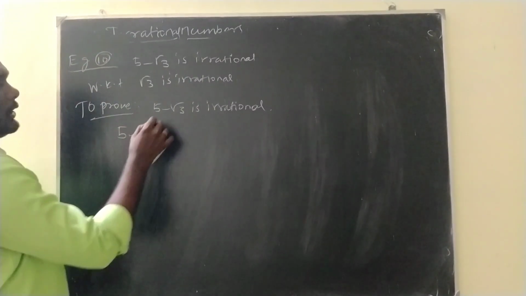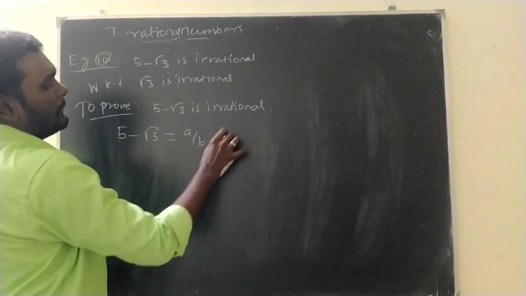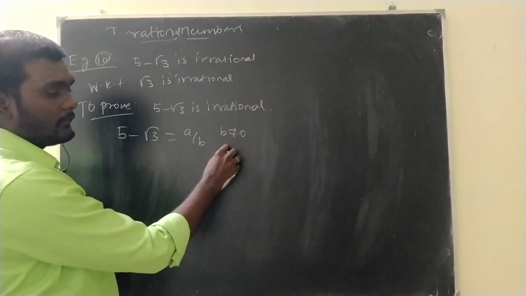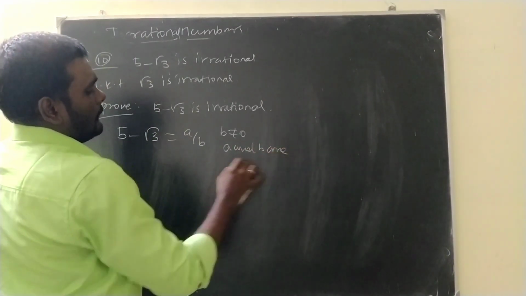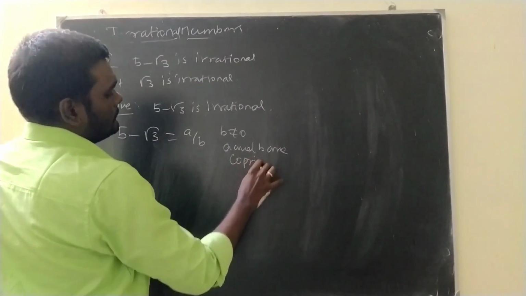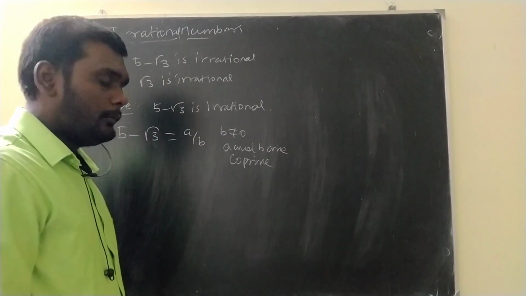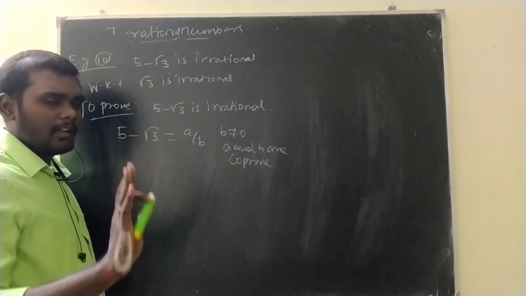The given number, what do we need to prove irrational? That is rational, like we can write a by b, b is not equal to 0, and a and b are co-prime. Okay. Now we don't need to square on both sides.